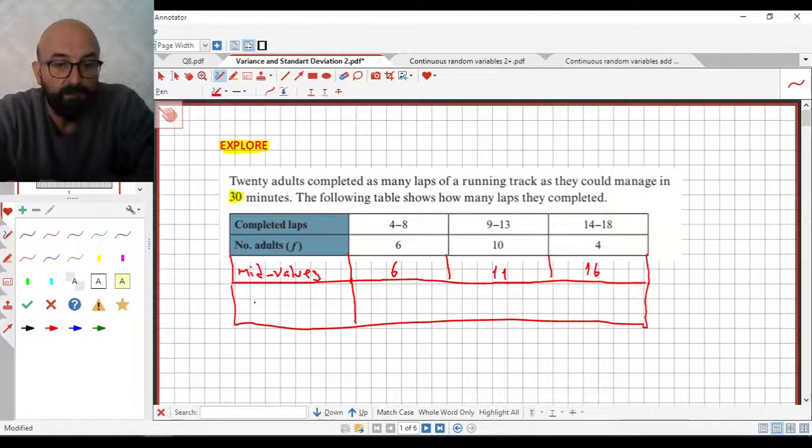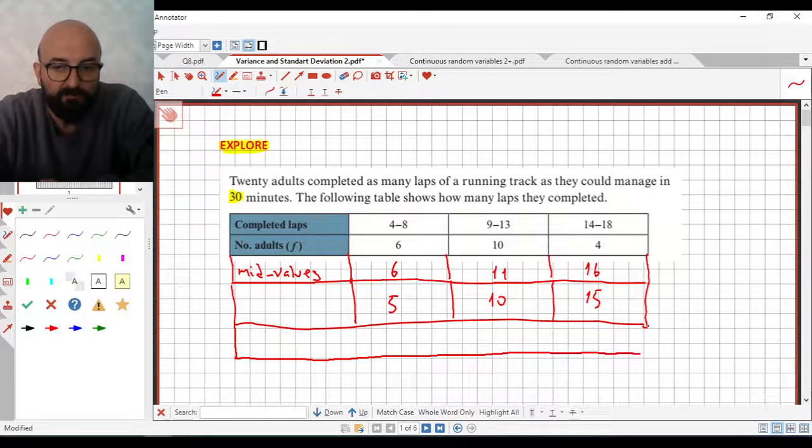For example, I want to take -1 and -1 and -1. And one more thing, for example, plus 0.5, plus 0.5 and plus 0.5.